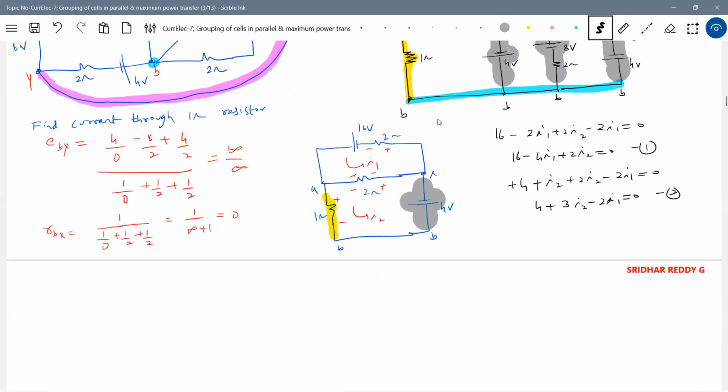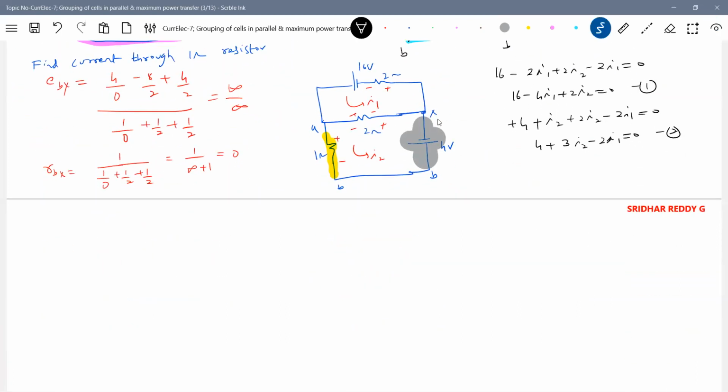The main idea is that the student has to develop the idea of a cell. If this is E, this is R. What is the cell? The EMF of the cell will be constant. Though you vary the resistance R, the current will change, but the EMF of the cell will be constant.